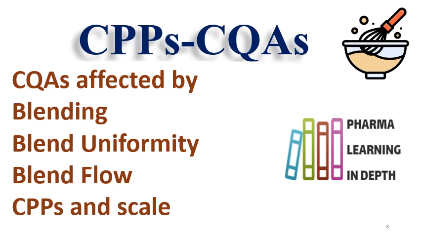It is a QBD element, and as per the ICH QBD guideline, the pharmaceutical development report or product development report should involve the risk assessment and the complete studies to know the impact of CPPs onto the drug product CQAs is required. And finally, CPPs are scale dependent, and also some of the CPPs are scale independent. So this is regarding the critical process parameters.